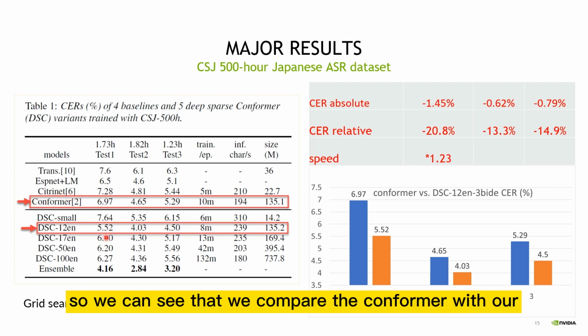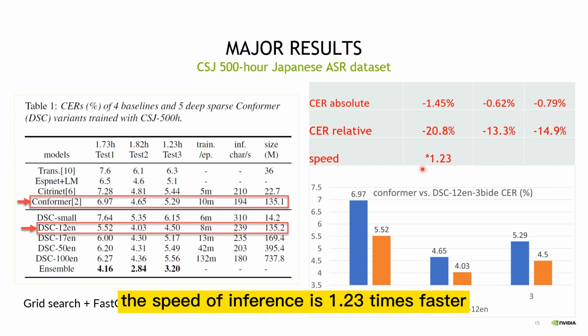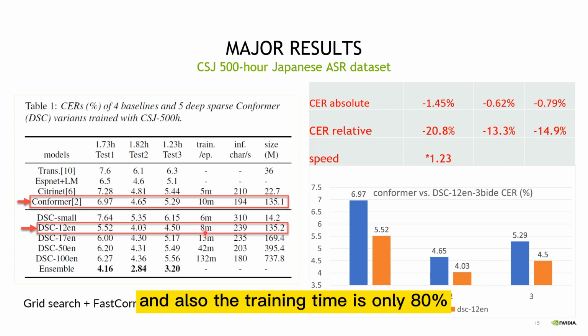So we compare the Conformer with our sparse Conformer with the same model size. We can achieve relatively better CER, and the speed of inference is 1.23 times faster, and also the training time is only 80% per epoch for training.